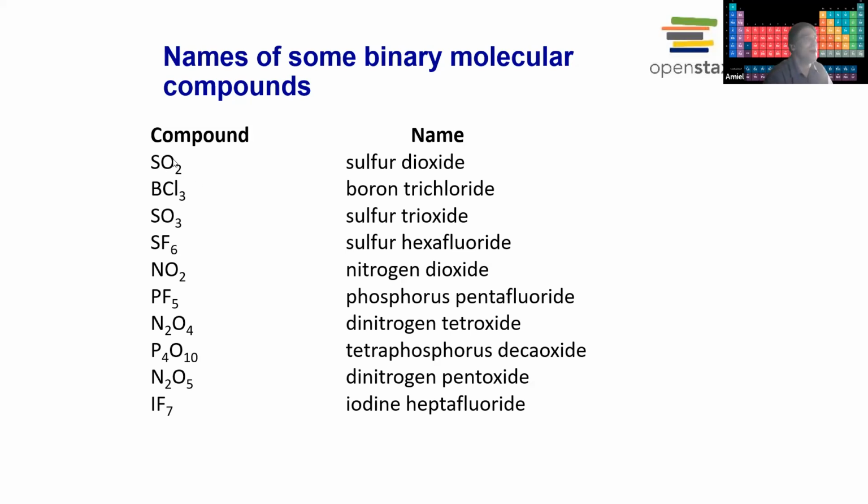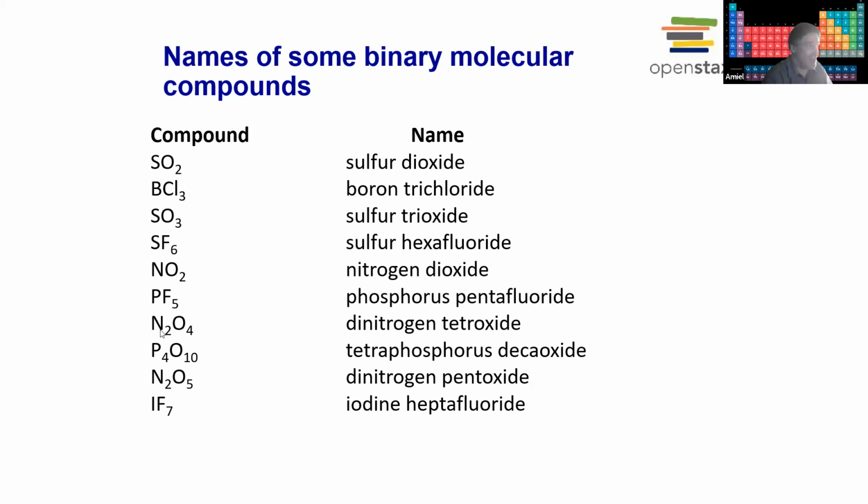So it's sulfur dioxide, BCl3, boron trichloride, sulfur trioxide. Look at sulfur hexafluoride, hexa meaning 6. Nitrogen dioxide, di meaning 2. Phosphorus pentafluoride, penta meaning 5.